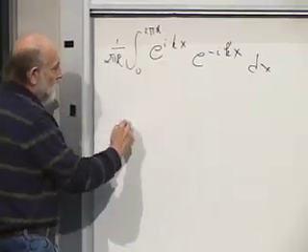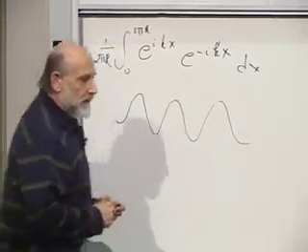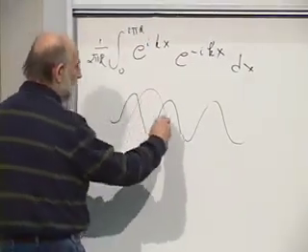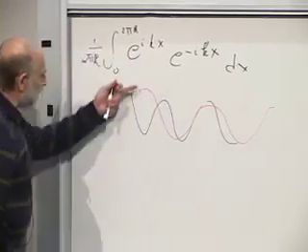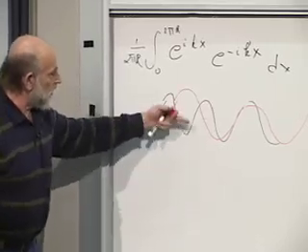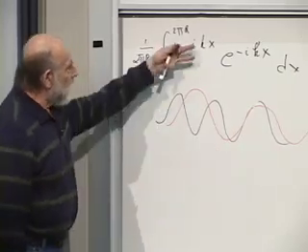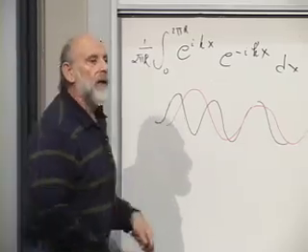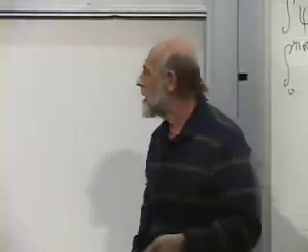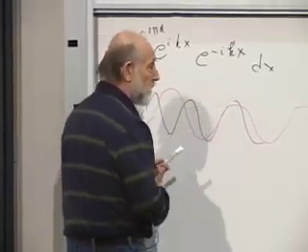This one is made out of functions which oscillate like this, and this one oscillates with a different period. The product will be positive in some places and negative in others. If we take two different values of k and look along the line, we'll find that it cancels as much as it adds. The result is that this integral is always 0 for k not equal to k prime.